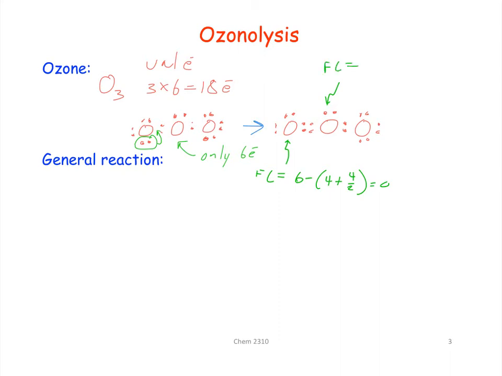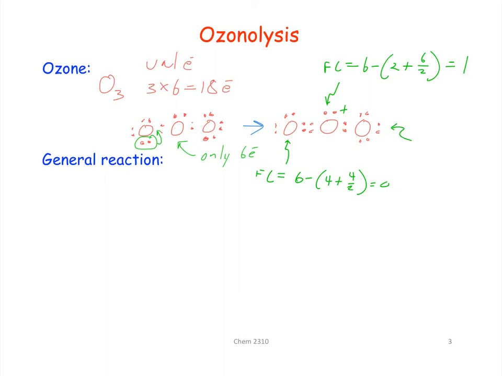All right, what about this oxygen? Formal charge equals 6 minus, all right, so we want the total number of non-bonding electrons is only 2 in this one, plus the total number of bonding, 2, 4, 6, divided by 2. And so in the parentheses we have 2 plus 3 is 5, 6 minus 5 equals 1. Okay, so there's going to be a plus charge on that oxygen. And what about this last oxygen then?